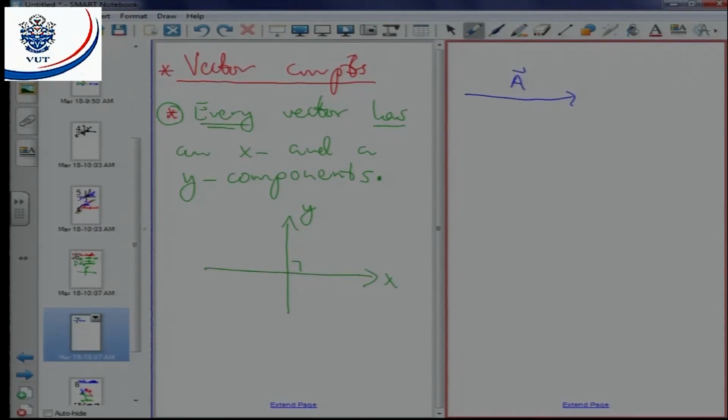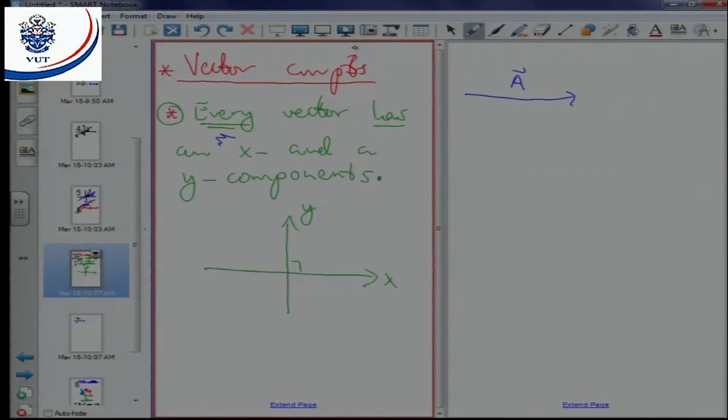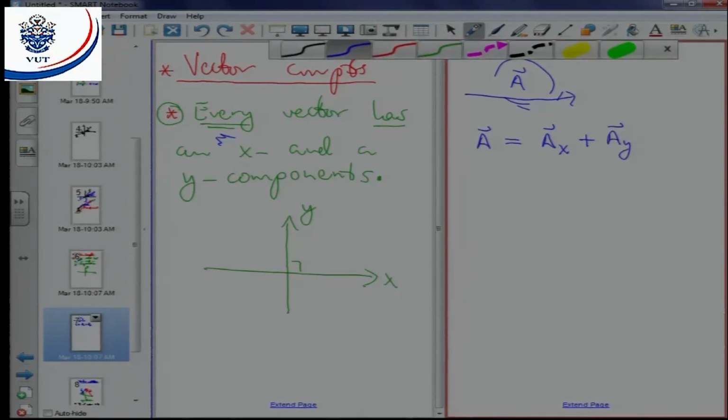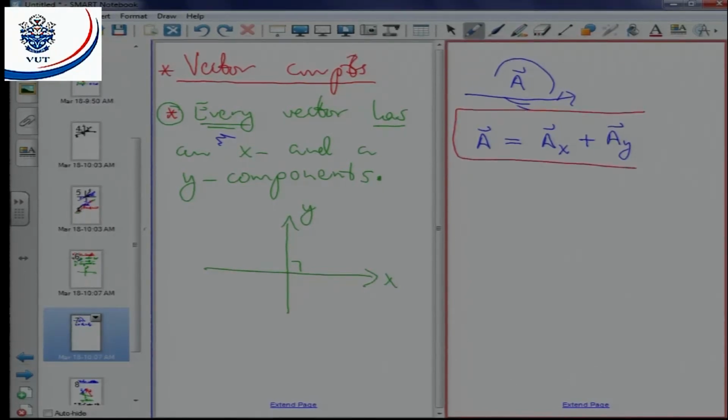So the fact that every vector has an x and a y component means for any vector a, not particularly the one that I've drawn over here, any vector a is given by the sum of two vectors, which is the x component plus the y component. And this is true in general. So let's just make sure that we box this equation, and this equation is true all the time.